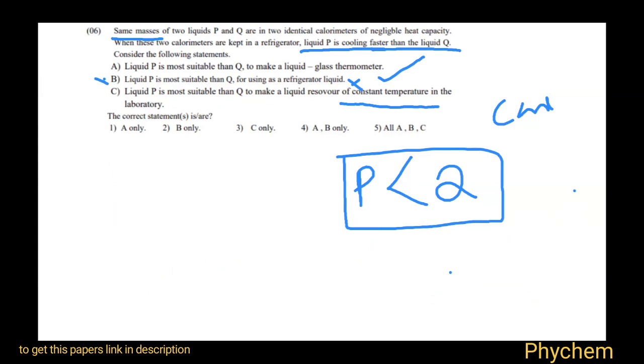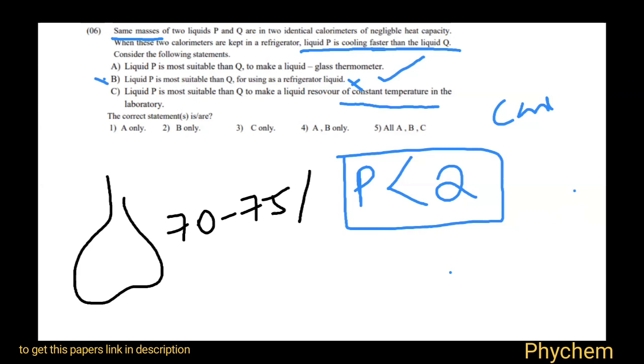So for example, humans also contain almost 70 to 75% of water, which helps us to maintain the body temperature constant. If you want to decrease your temperature, you have to lose a lot of energy. And also if you want to increase the temperature of your whole body, you have to absorb a lot of energy. Because God has given 70 to 75% of water in the whole body content, that is how we maintain our body temperature at a uniform temperature.